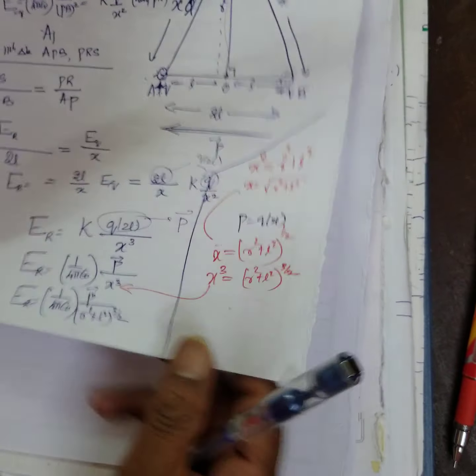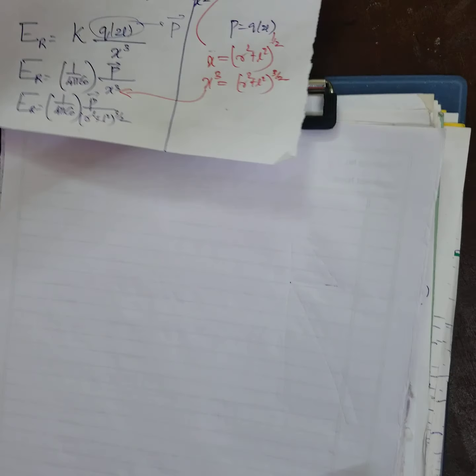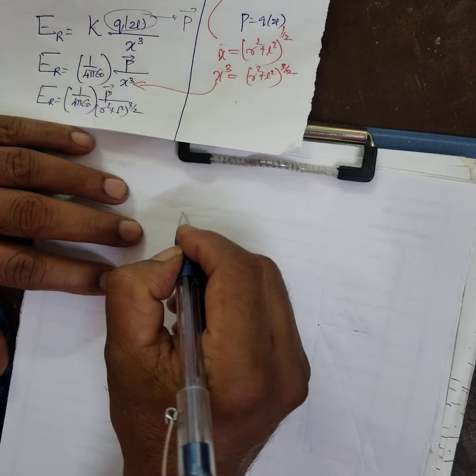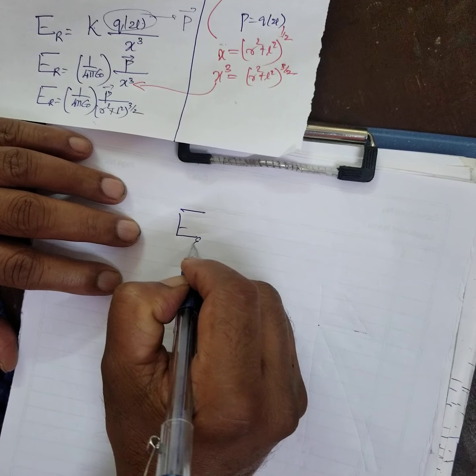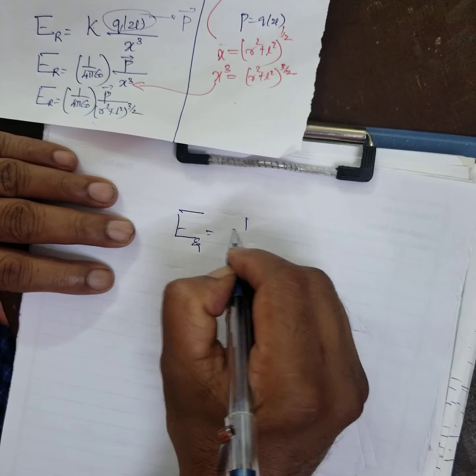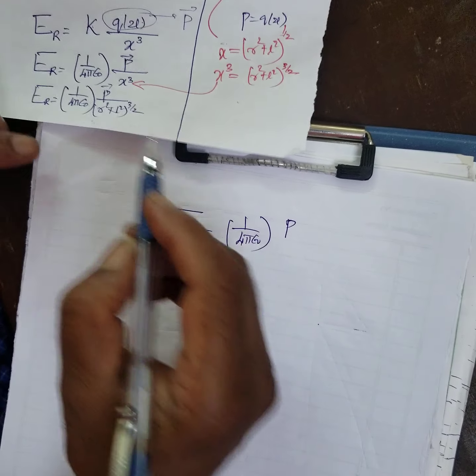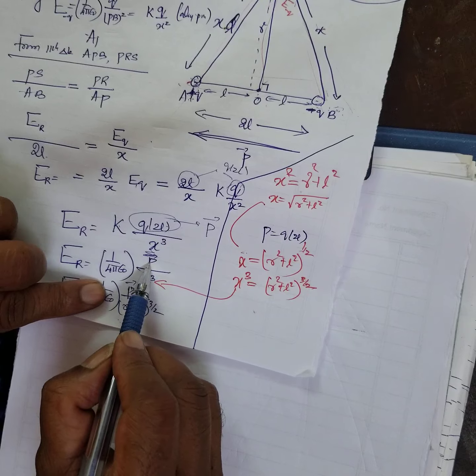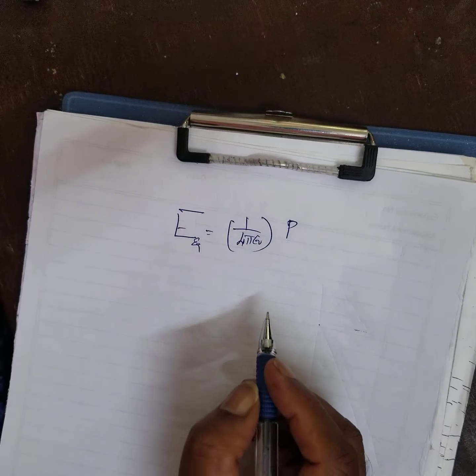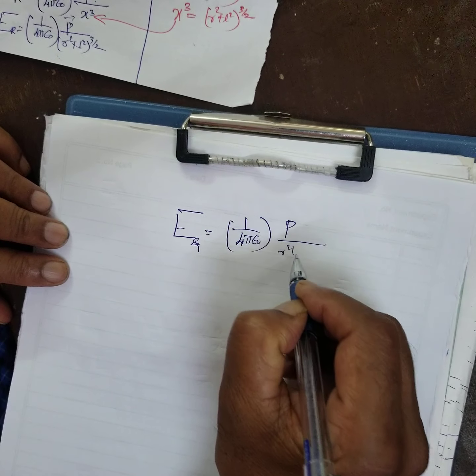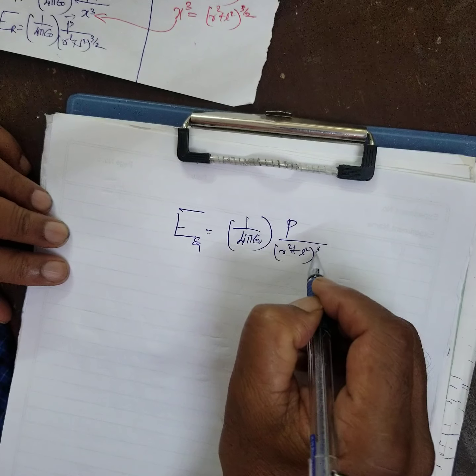Some of you are accustomed to some other method, that also I will try. Therefore, electric field along the equatorial line is equal to 1 by 4 pi epsilon naught, P, the dipole moment, divided by r square plus l square to the power 3 by 2.